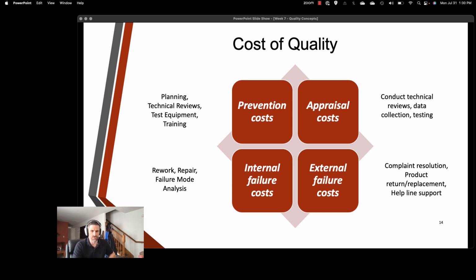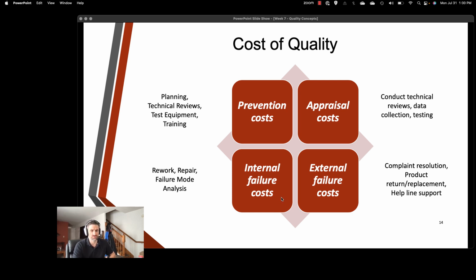Appraisal costs are associated with evaluating and assessing the quality of the software during and after its development. These are incurred to ensure that the software meets specific requirements and quality standards. So this could be conducting technical reviews, collection of data, metrics, quantitative data, and testing and debugging, which is a huge one as well.